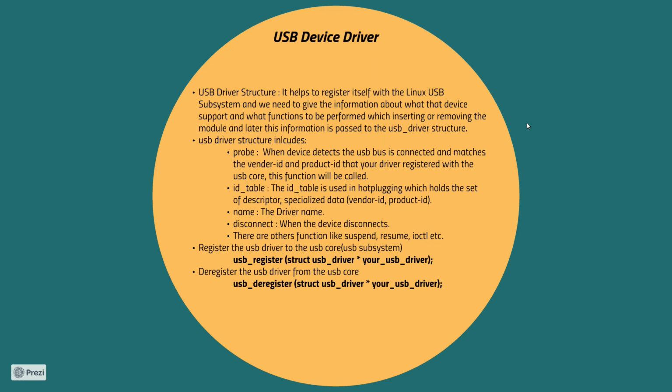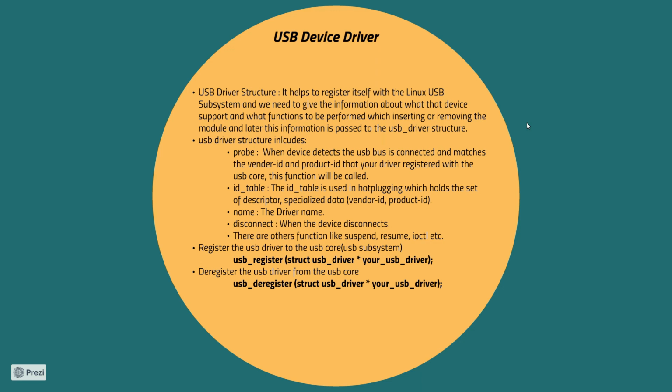Basically, probe is called when the device is detected on the USB bus, and the vendor ID and product ID match what your driver registered with the USB core, then this function will be called. The ID table is generally used for hot plugging, which I have discussed earlier, and it holds sets of descriptors and specialized data, like the vendor ID and the product ID.